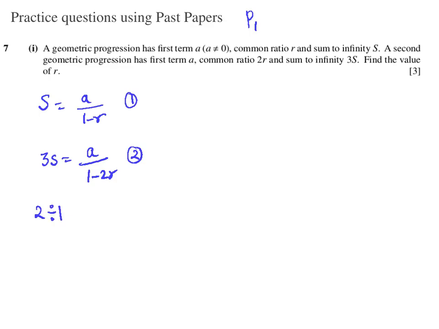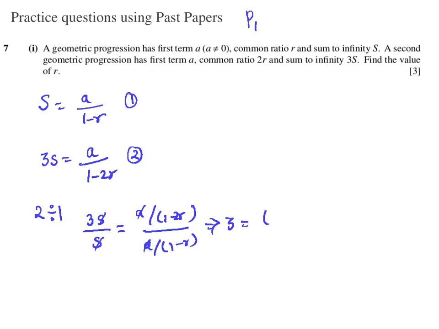We get 3s upon s equals a upon 1 minus 2r upon a upon 1 minus r. A will cancel out, s will cancel out, so you will be left with 3 equals 1 minus r upon 1 minus 2r.